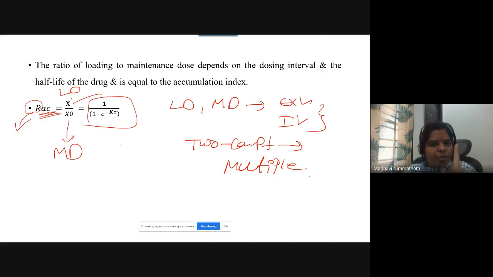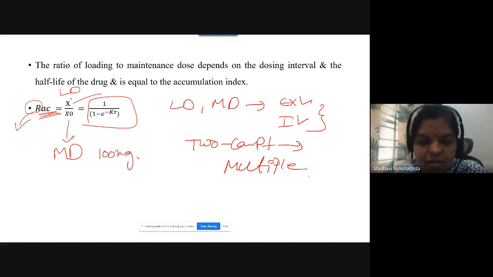Only one important thing you have to remember: based on the biological half-life of the drug, we can take the dosage form repeatedly. After removal of the first dose, we can take the second dose. But each and every time, we have to maintain the same dose level. Suppose we take 100 mg for the first dose.